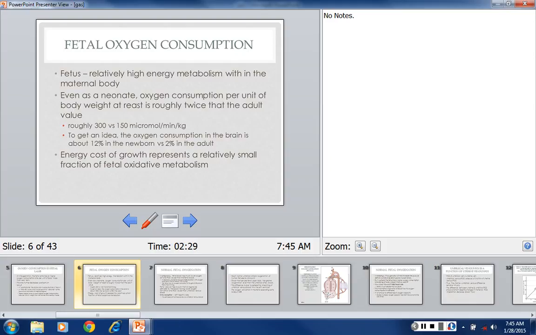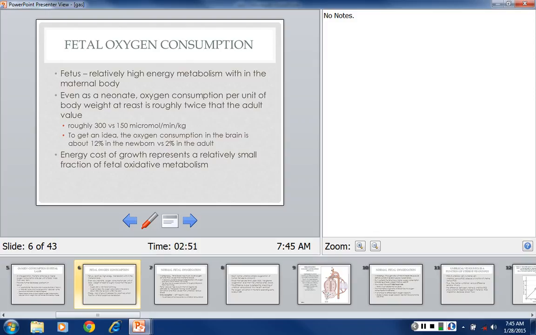It's growing. Even as a neonate, oxygen consumption per unit of body weight at rest is roughly twice that of an adult. A lot of stuff keeps growing in the baby even after it's born. And we grow the most from a young age to as we get older.